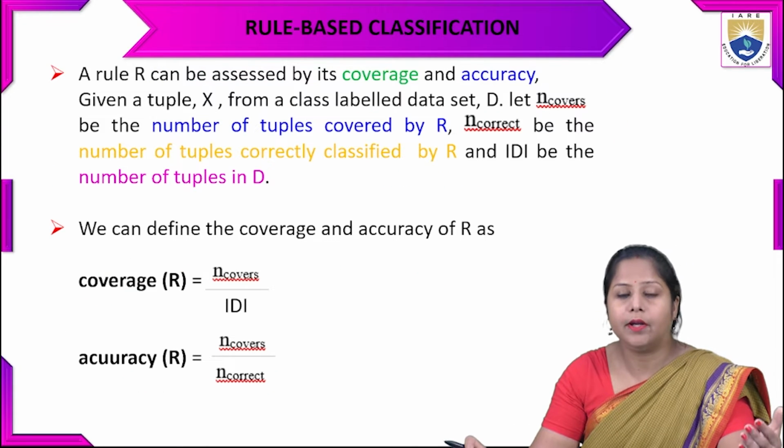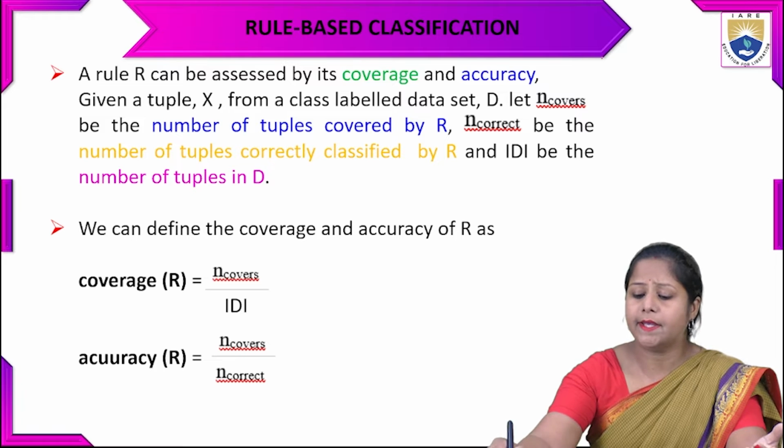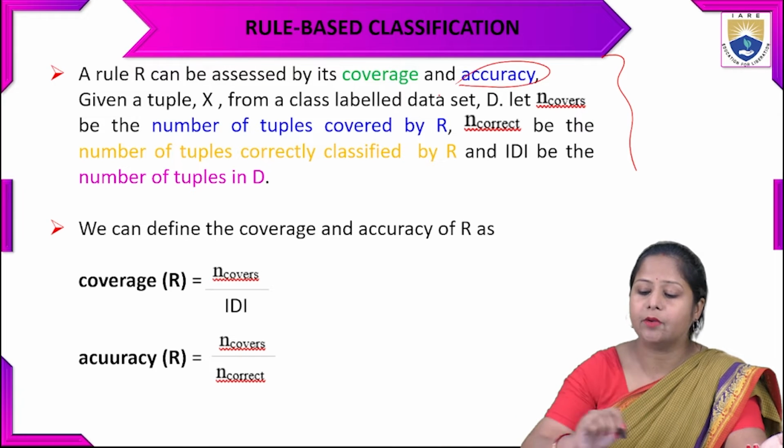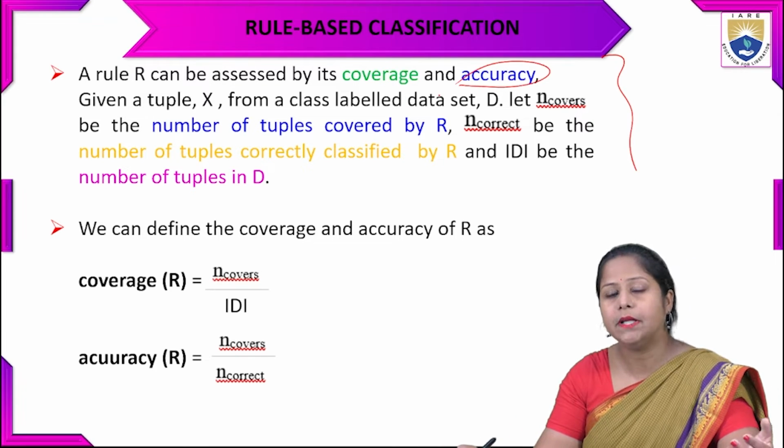Now, a rule R can be assessed by its coverage. So we have to measure the coverage as well as the accuracy of the rule that has been written.